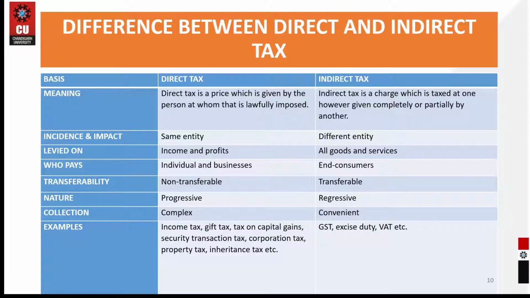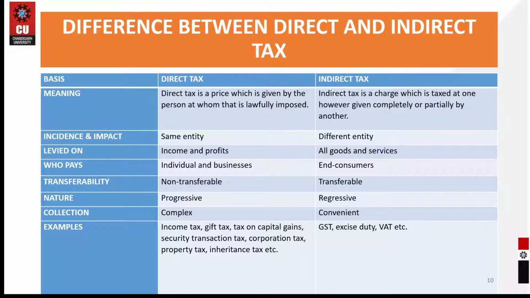And as far as indirect tax is concerned, we have GST, excise duty, value added tax, CST (central sales tax), customs duty. All these are examples of indirect tax. So this is the distinction between direct and indirect tax, to make you absolutely clear about these concepts.